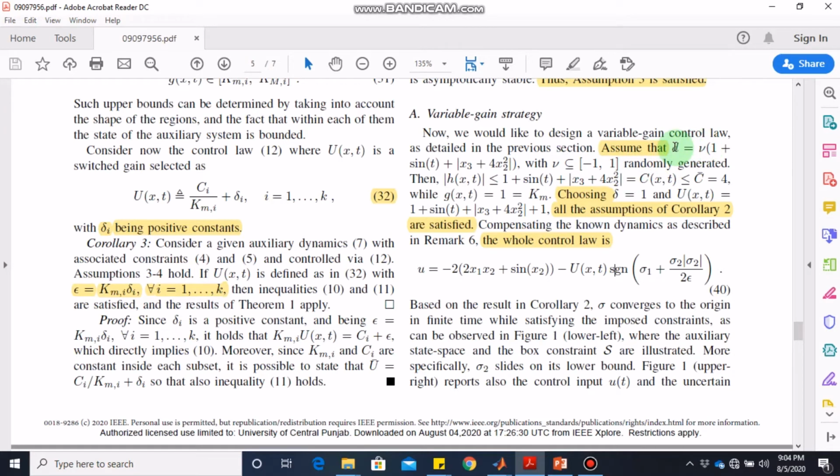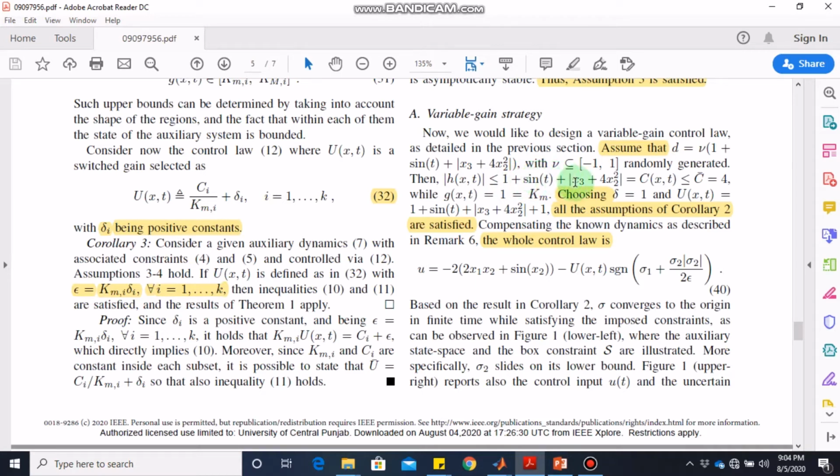So d is a sort of sinusoidal type function, but it is a random function. And then h is less than or equal to, since h is equal to d, so h will be less than or equal to this whole thing. And since in this expression sine t cannot be greater than 1, 1 plus 1 can be maximum equal to 2.